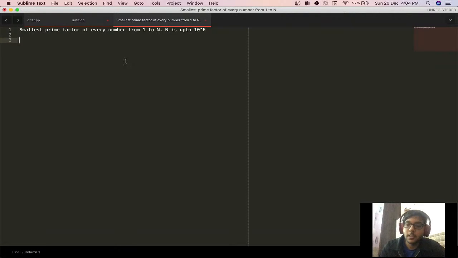These are very handy. So the problem statement is we want to find the smallest prime factor of every number from 1 to n, and n is up to 10 power 6. The brute force method would be we just iterate over all numbers, and remember that yesterday we were checking if a number is prime or not.